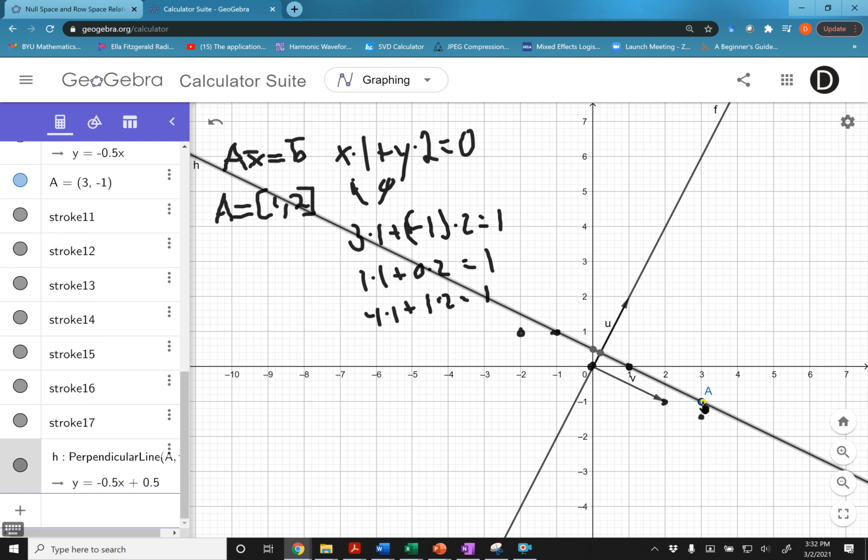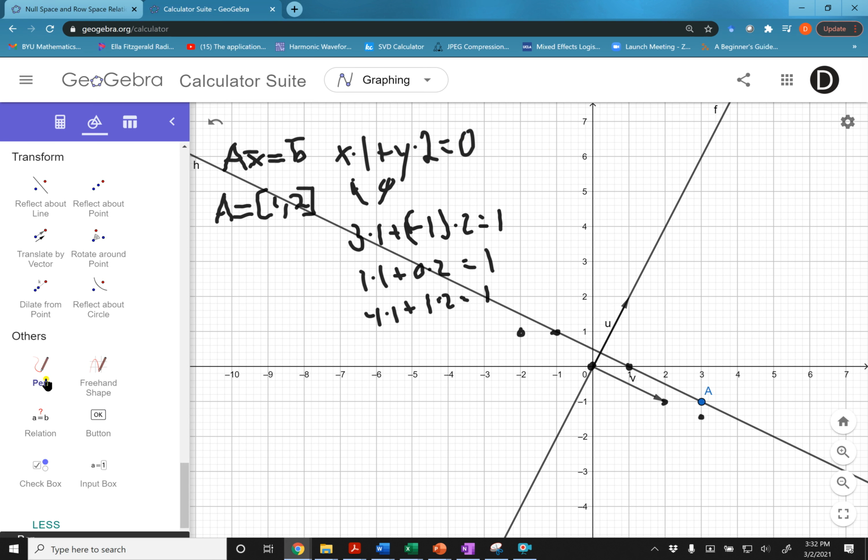Here's where thinking about a different basis or different directions helps us a little bit. Sorry, I have to pull out my pen again.